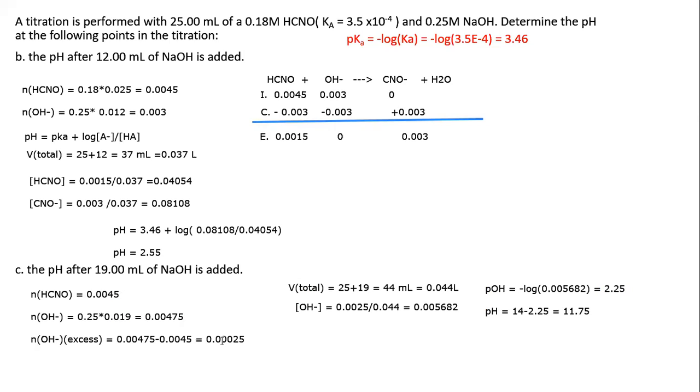Then we can calculate the pOH and the pH. So we looked at every different point for a weak acid strong base titration, except for how do we calculate the pH at the equivalence point, and that's something that we'll look at in the next session in one of the problems.